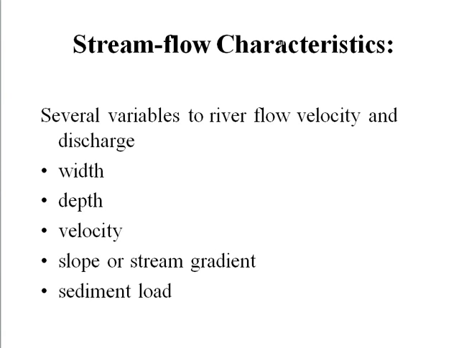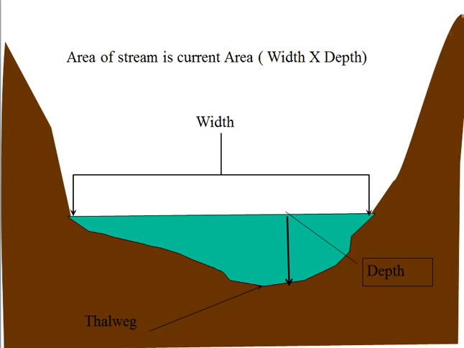Those things, the width and the depth and the velocity of a stream, are often dependent on the slope or the stream gradient. It can depend on the type of rock that the stream is flowing through. And all of those then enable the stream to increase or decrease its sediment load, or stream load, the amount of material that the stream can move.